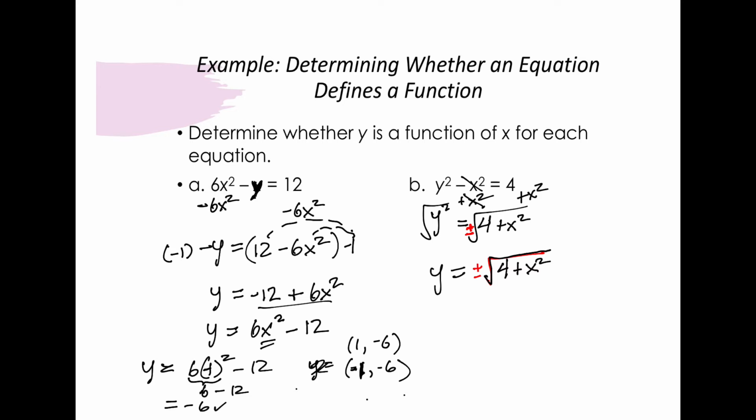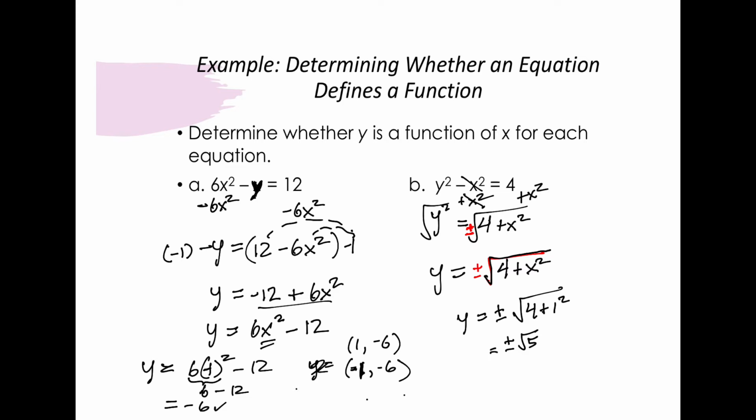So for any input x, again, let's just use 1 because 1 is nice and easy. Y would equal the square root of 4 plus 1 squared. Well, 1 squared is 1, so that gives me the positive and negative square root of 4 plus 1, which is 5.